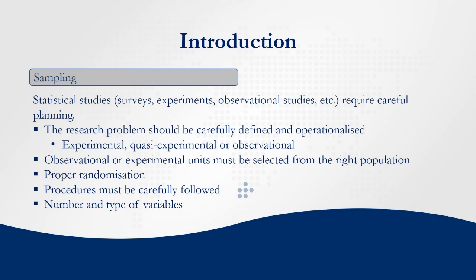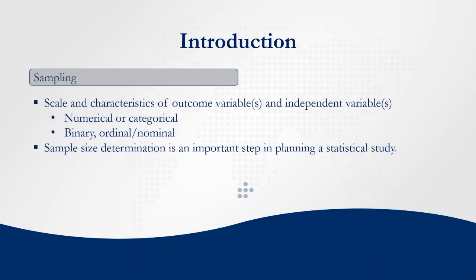The number of variables you need to be aware of, and the type. So in terms of the type, the scale of measurement is very important. We have spoken about that in previous workshops. So you need to be aware of the scale for your outcome variable or variables and your independent variables.